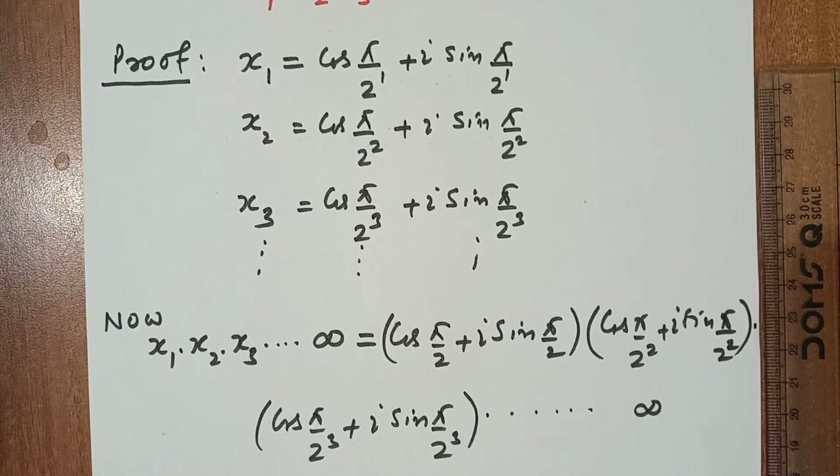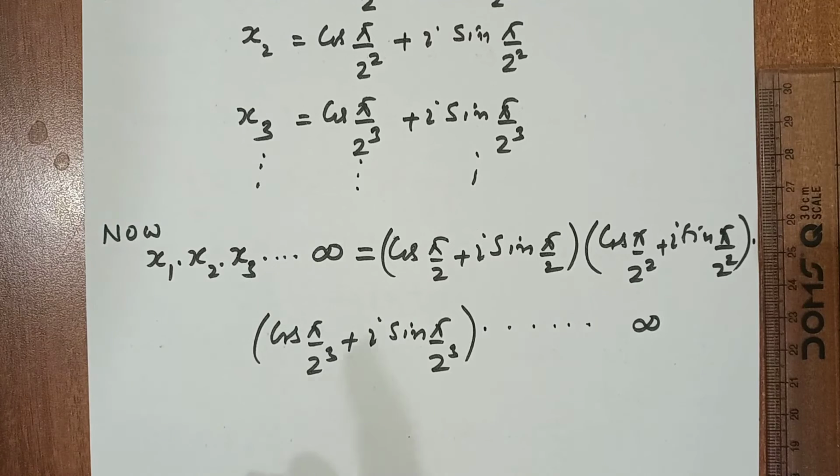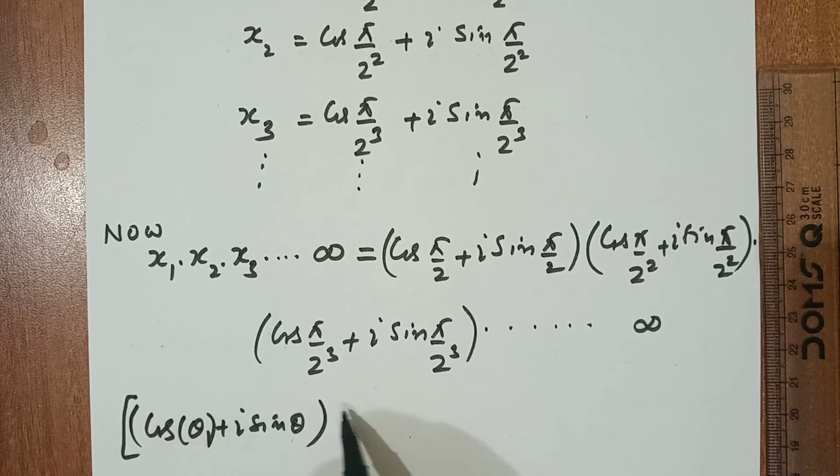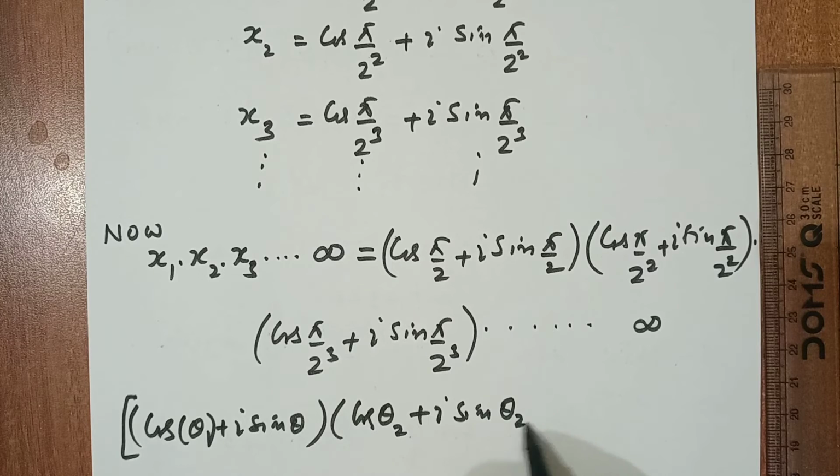Okay, when we proved De Moivre's theorem, we had the product (cos theta1 plus i sin theta1), (cos theta2 plus i sin theta2), and similarly (cos theta3 plus i sin theta3) up to (cos theta n plus i sin theta n).